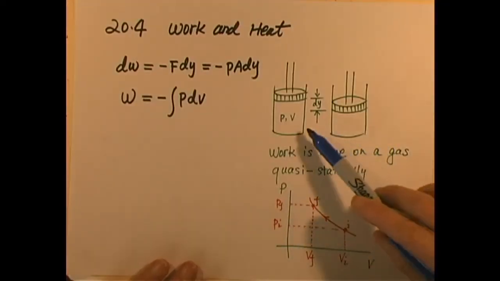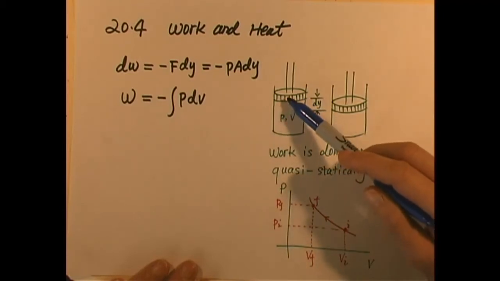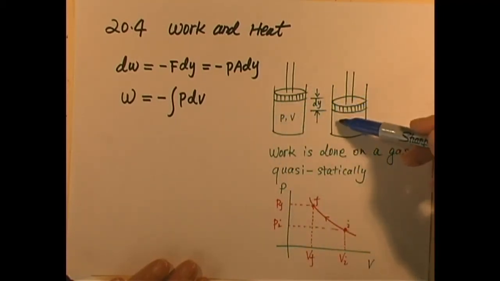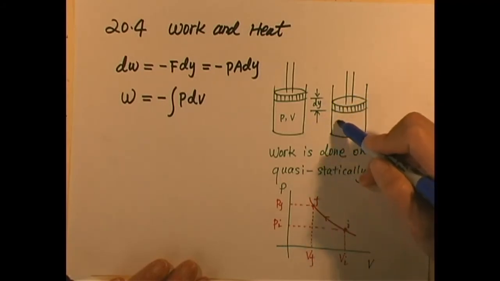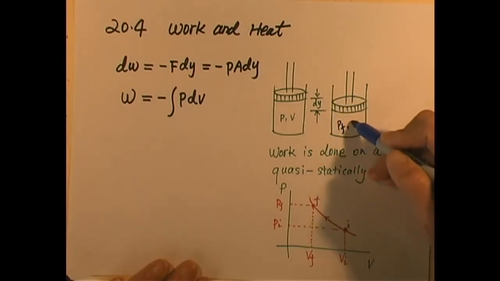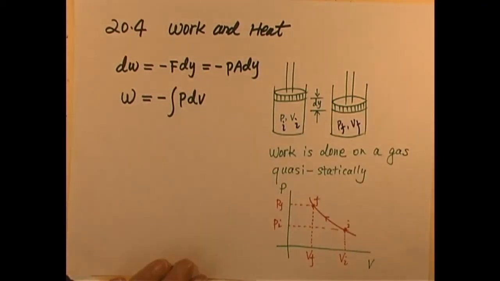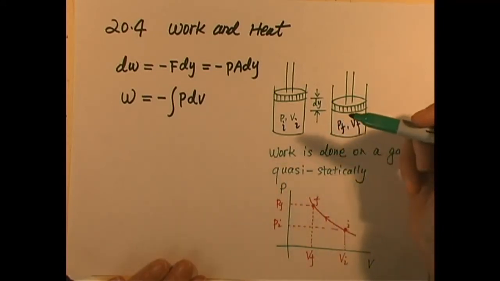You still remember this picture, and the gas has been compressed by dy, and so this is the P final, V final, this is P initial, V initial. Now let's calculate work done.